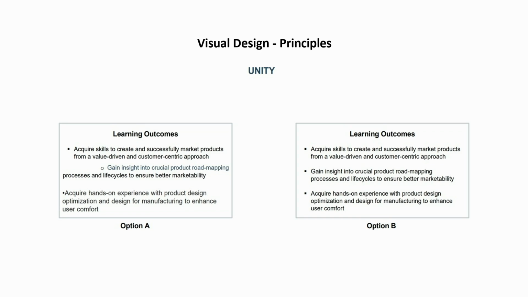Just look at how they look. What I see personally is that in the first box we have the first sentence placed a little bit off from the left margin, and then you have "gain insight into crucial product road mapping", which suddenly goes haywire. It is really displaced towards the right side, and either has a right alignment or has moved there with a bullet which is coming from nowhere.